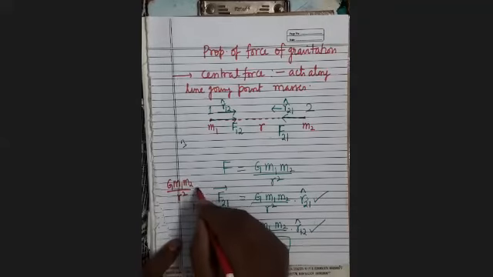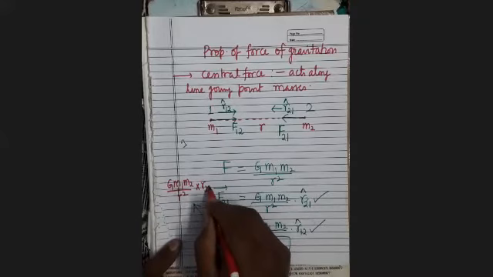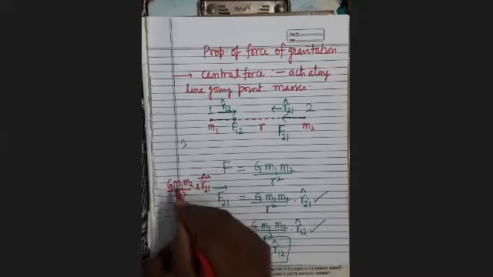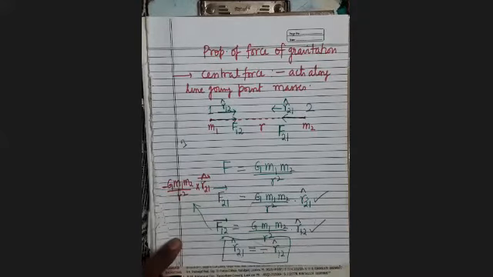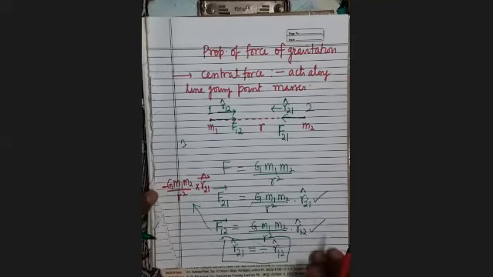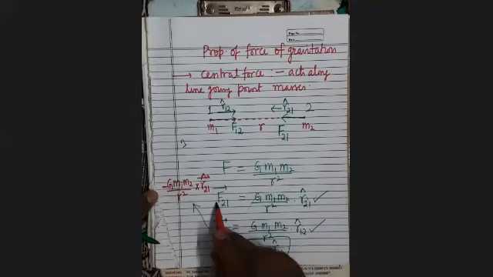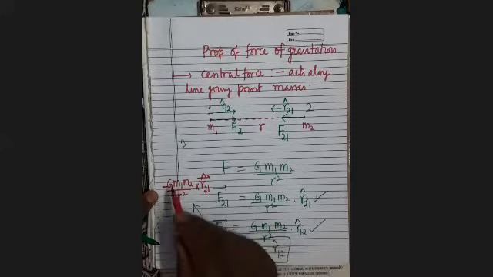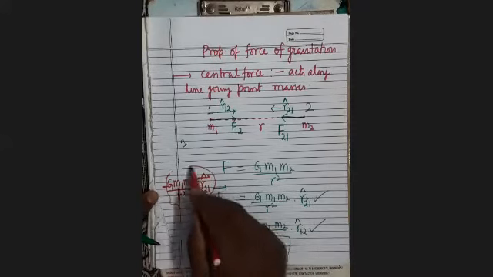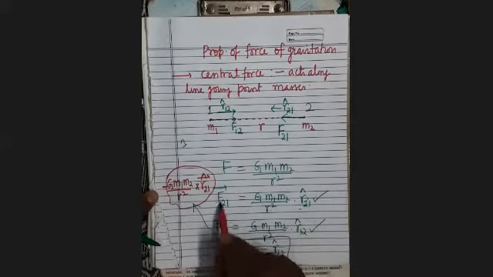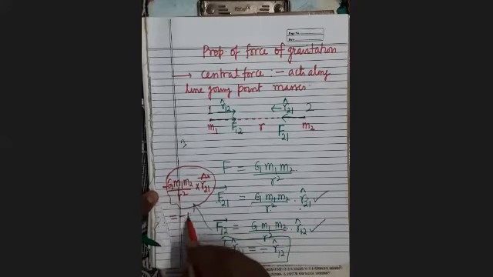If you leave the negative sign, then this whole thing is F21, so minus F21.